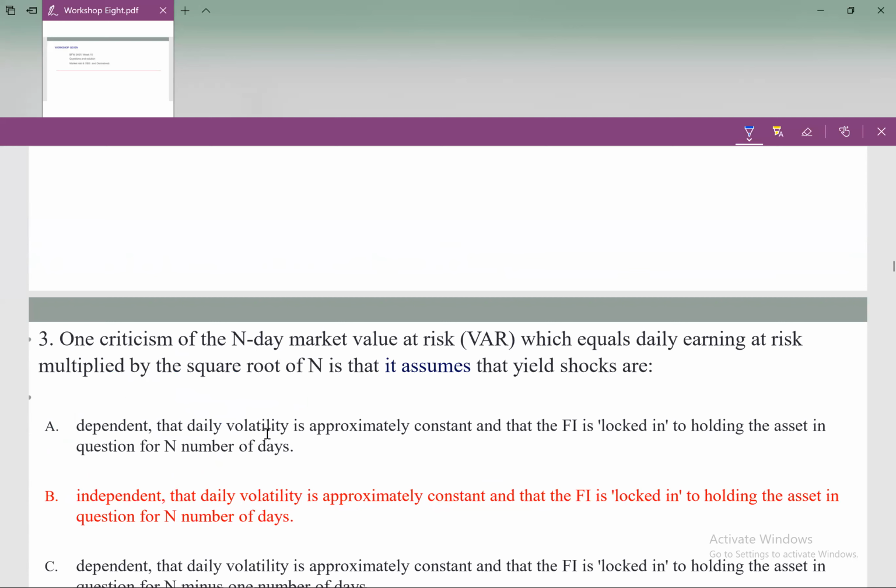I think we have talked about this, and this is one of the criticisms of the N days when we calculate the VaR.